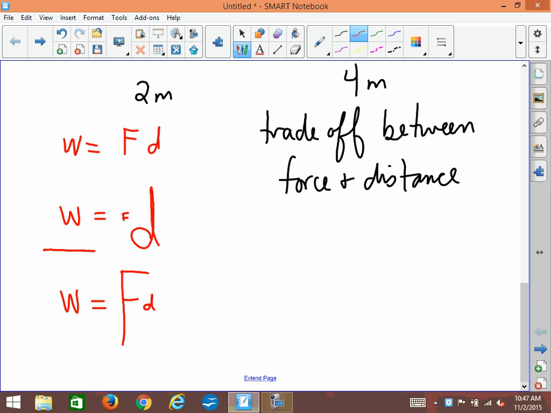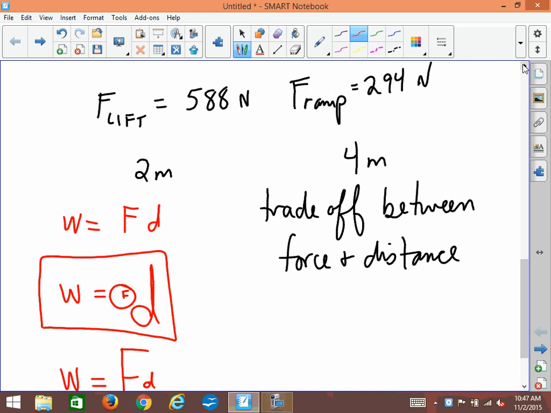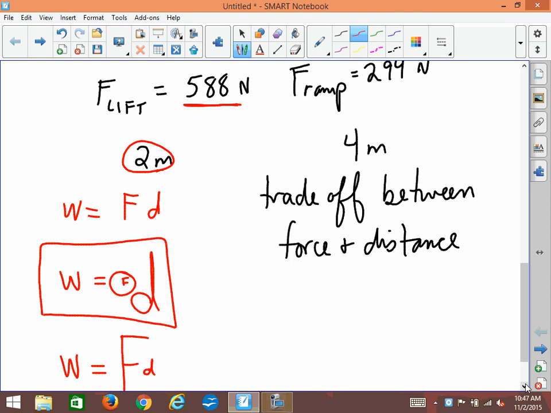Well, this is the one that humans like because humans suck at applying force. We are not very strong. We would rather apply small forces over large distances to get the same amount of work done than applying very large forces over small distances. And that's what the ramp does. It's a trade-off between force and distance. It's a simple machine. We call the inclined plane a simple machine.